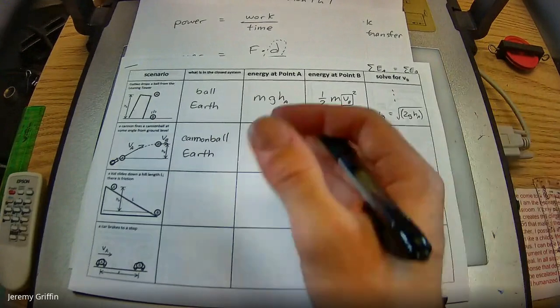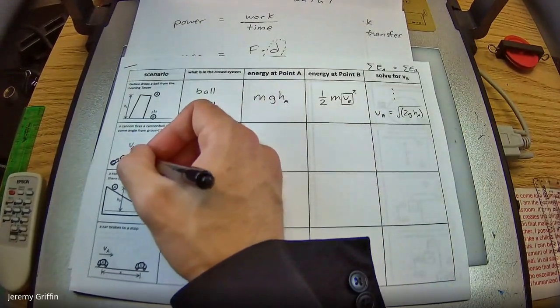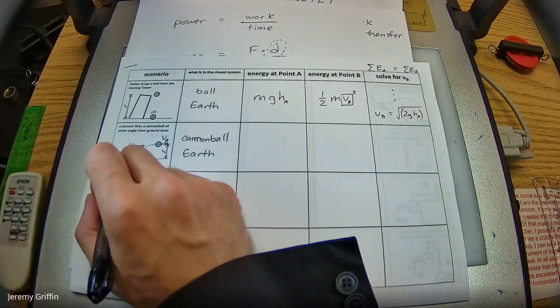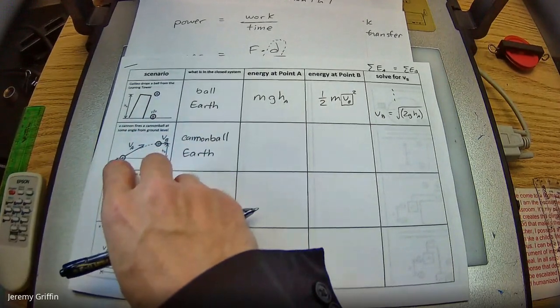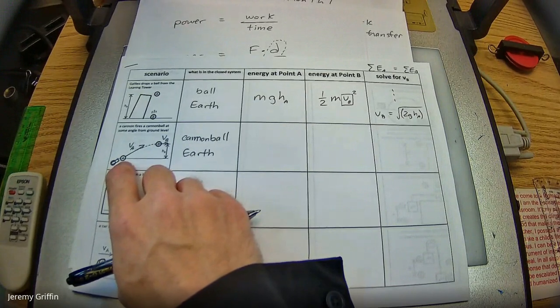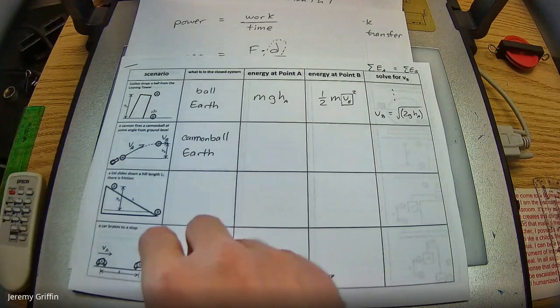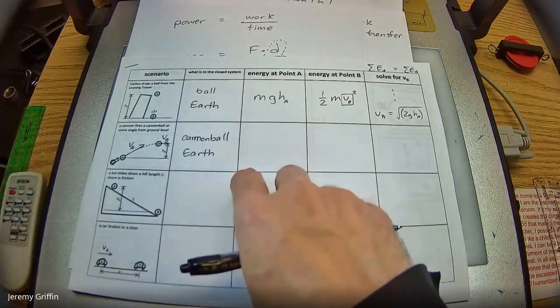If you rewind the clock a second before the snapshot, the cannon does put a force on the cannonball, but I'm not going to start counting the system until after the cannonball has left the barrel of the cannon. So I'm showing it after it's left the cannon barrel. You could do that interpretation, but I'm just doing this.